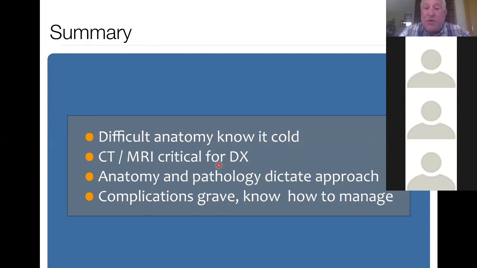And the complications are grave, especially of the carotid artery, and we need to know how to deal with that and manage it. You might have to take the patient into the interventional radiology suite. They might need to stent the patient. They might need to do another interventional procedure, but it's critical that you understand how to deal with the complications.